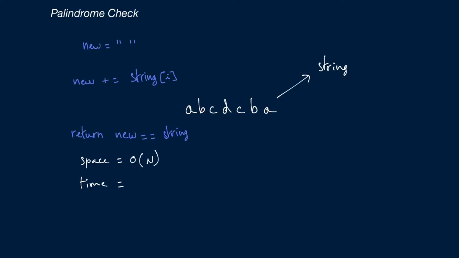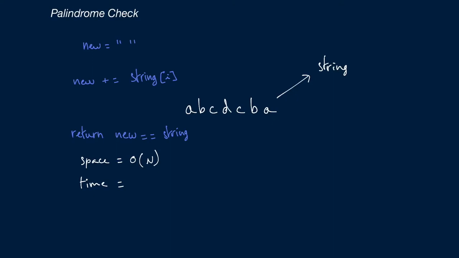But it turns out, if you're an astute AlgoExpert, you'll notice that the time complexity is not quite O of n. It's actually O of n squared, because when we build up this new string and we do this new plus equals string of I, we're recreating a new string, right?